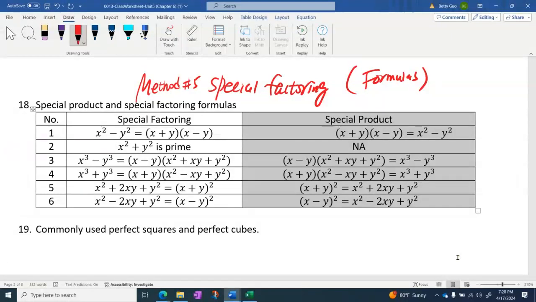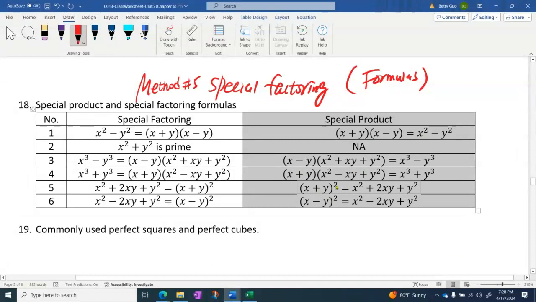Doesn't ring a bell at all? This one, x plus y and x minus y, they are conjugates. Their multiplication is a difference of 2 squares. Remember I said remembering their names helps us to remember those formulas.